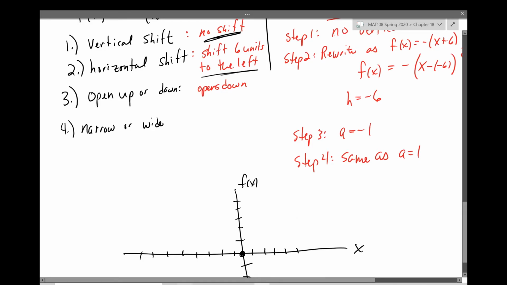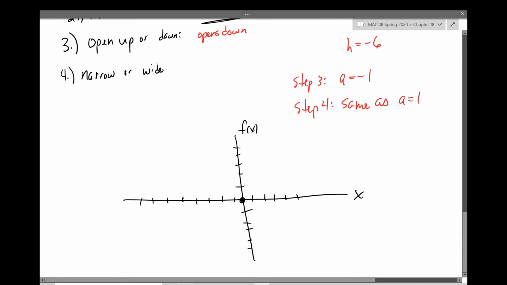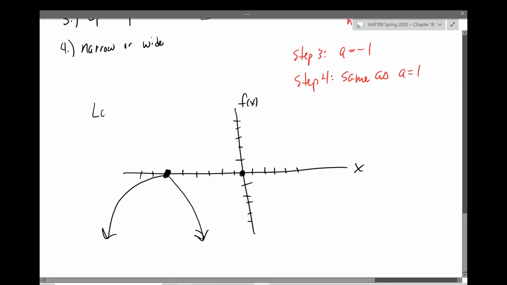I shift to the left 6 units. So 1, 2, 3, 4, 5, 6. So now my point is going to be right there, or my vertex, more importantly. So right here. I know I open down and it's basically the same. So I'm going to give it just a little bit of a parabolic shape and label my vertex.